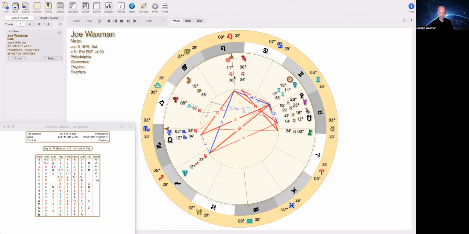I forgot about that. Yeah, so the trines will show skills and talents, something that comes very easy, right? So there is a strong connection with Neptune, and that's good for video, right? Because Neptune is glamour, creativity, film, cinema, that sort of thing.